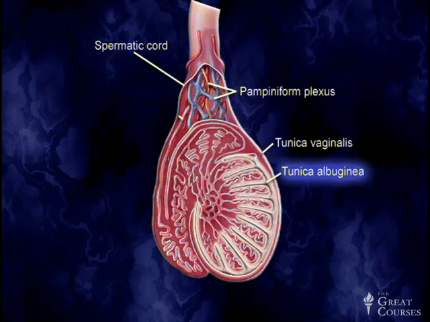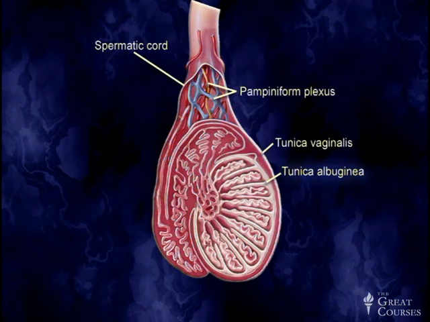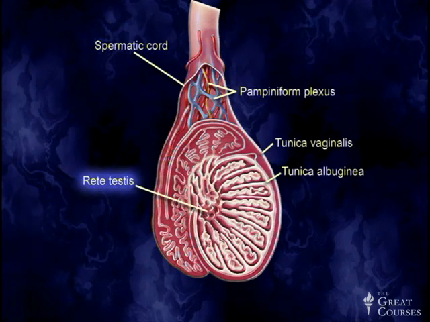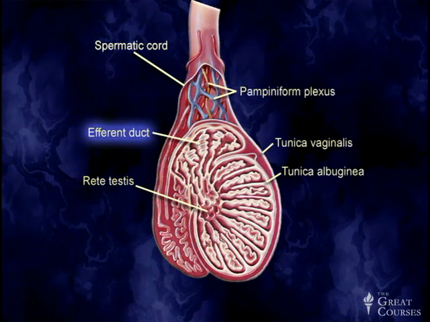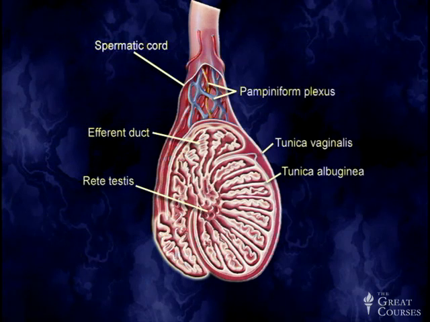And the testicle itself is divided into lobules and tubules. And what happens is sperm production begins down here in these areas and eventually moves into this network called the rete testis and finally ends up in an efferent duct, efferent being away, and then moves out through this coiled duct here until we get the beginning of what is called the epididymis.